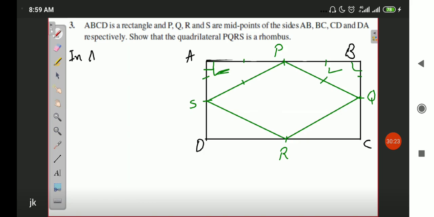In triangle APS and triangle BPQ, first of all, AD length is equal to BC length. Opposite sides of a rectangle are equal.